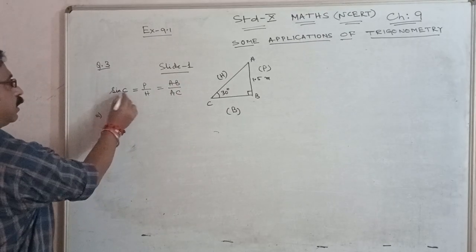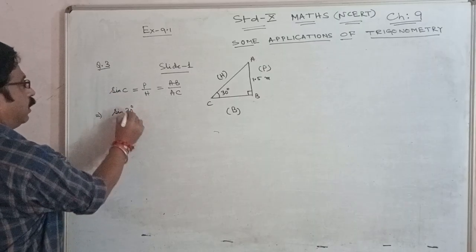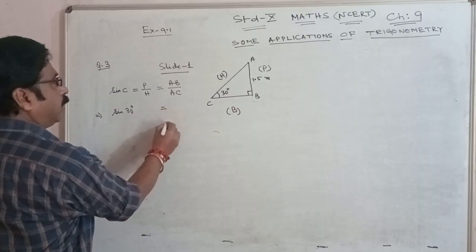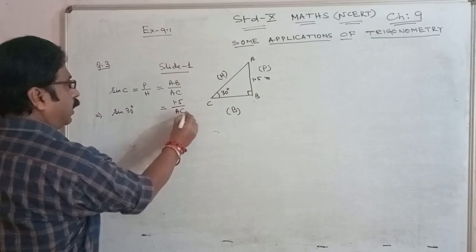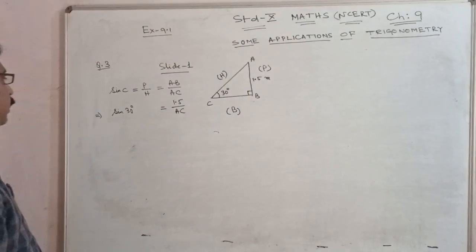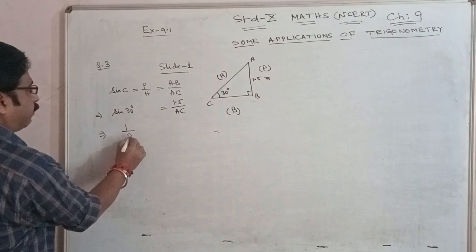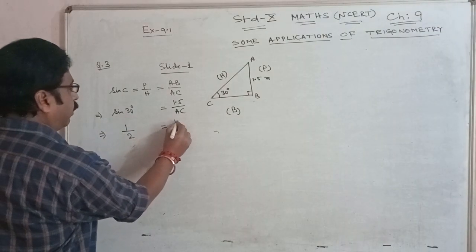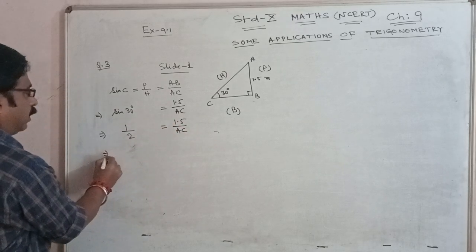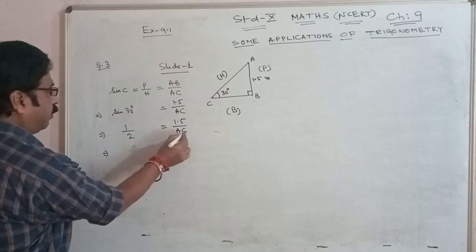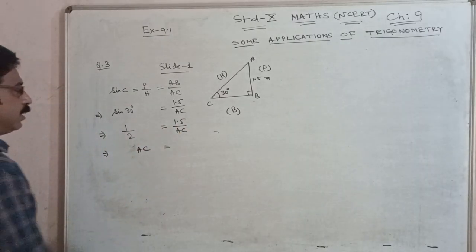Next, sin C means sin 30 degree equals to AB is 1.5, AC is unknown. Sin 30 degree is half, 1.5 upon AC. Cross multiplication, AC into 1 is AC. 1.5 into 2 means 3.